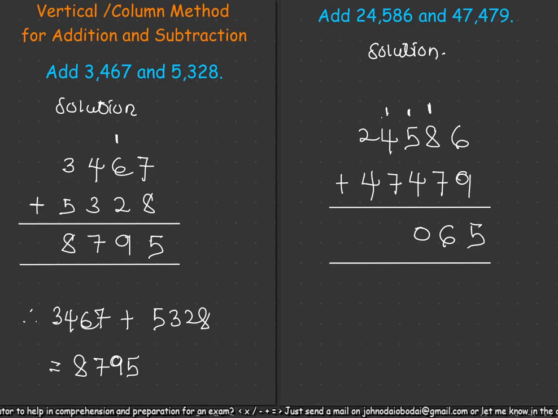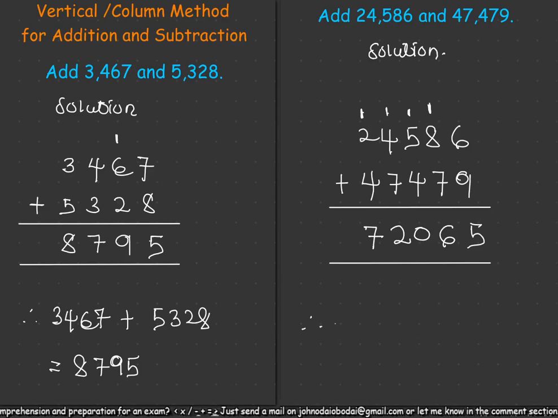We start again. 1 plus 4 plus 7 gives us a 12. We cannot write the whole 12 here, but we write 2 and carry the 1 to this side here. Then we go again. 1 plus 2 plus 4 gives us a 7. So we put a 7 over here. And that sums it all up.